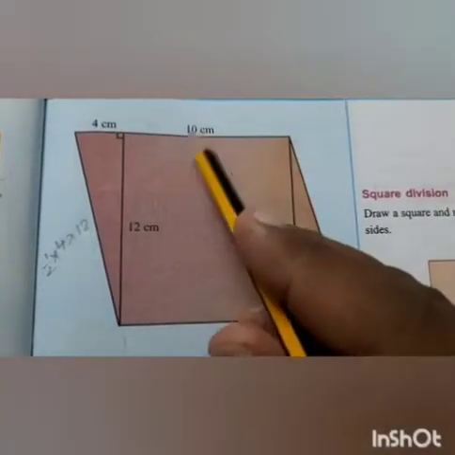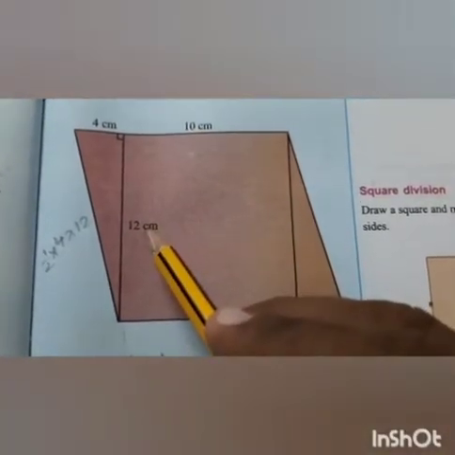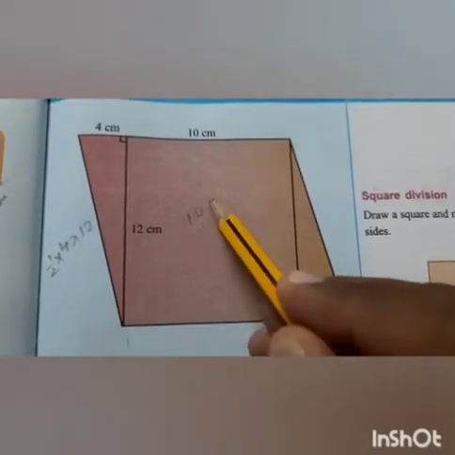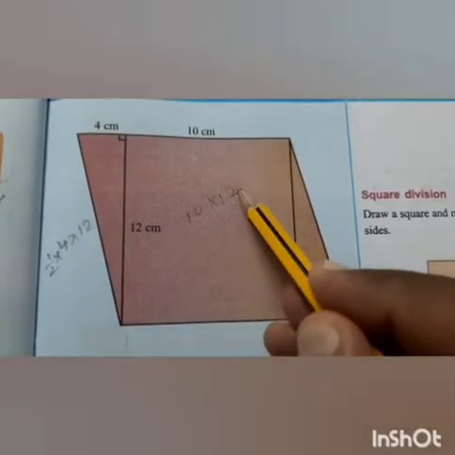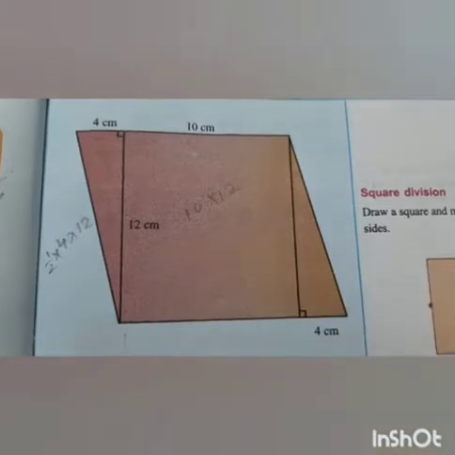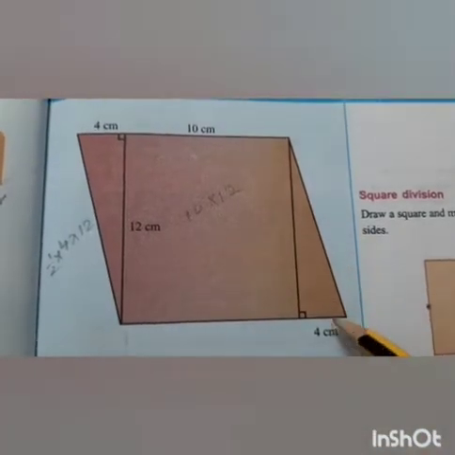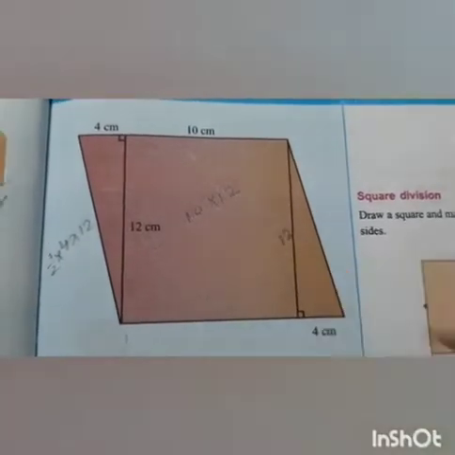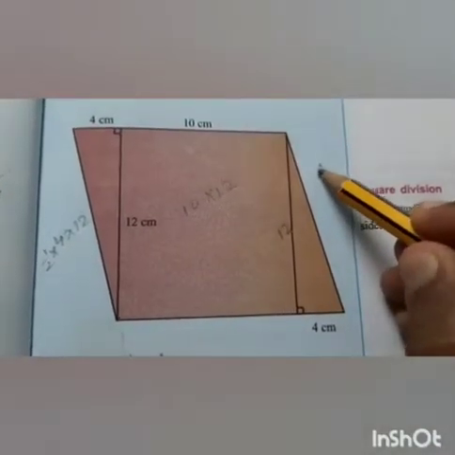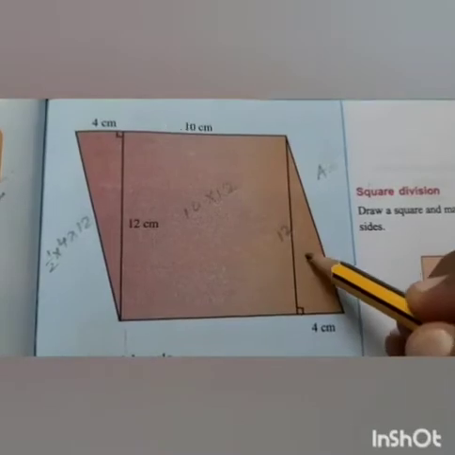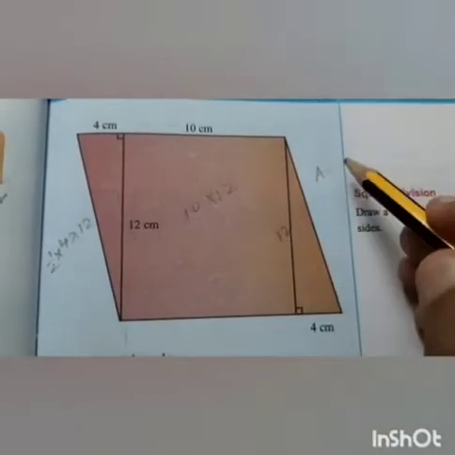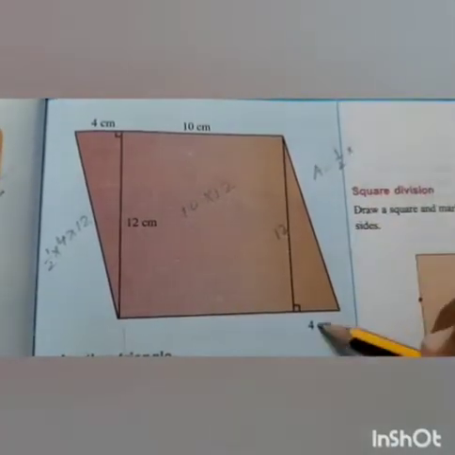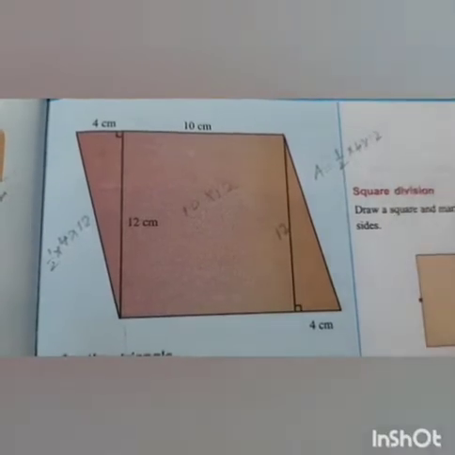Area of rectangle is 10 into 12, L into B. Then the third triangle, this length is 12. What about here? This also is 12. So area should be the same for these two triangles. So area is half into 4 into 12.